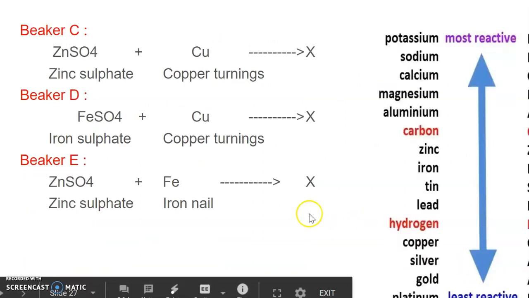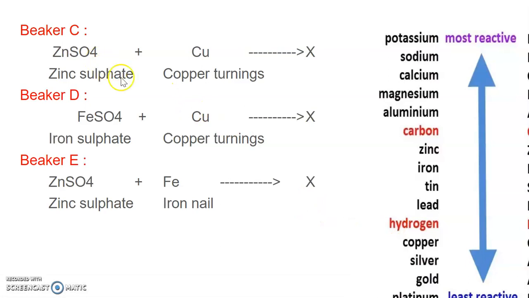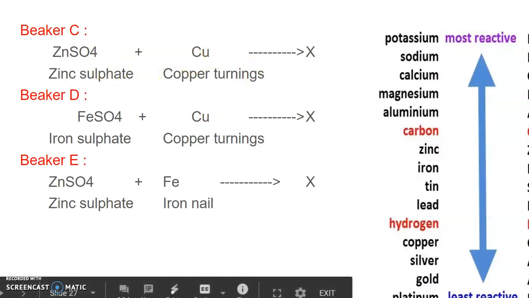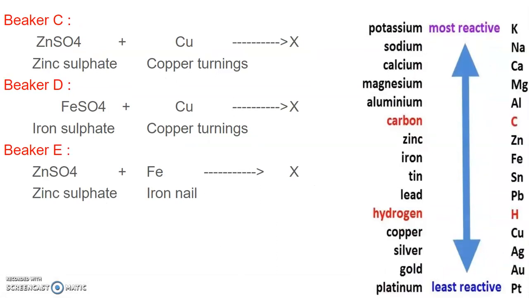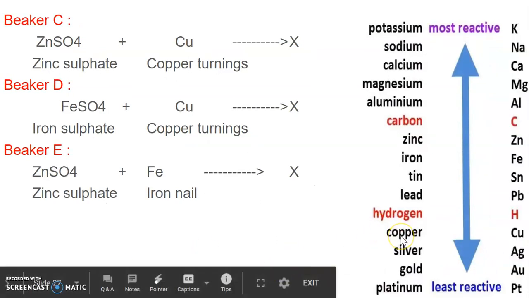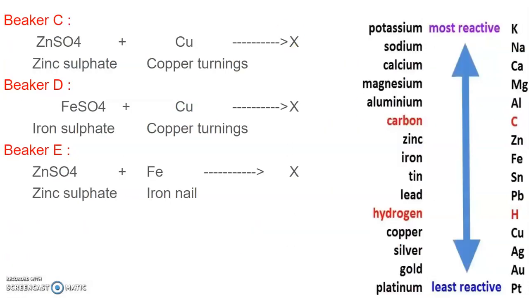In beaker C, we will take zinc sulfate and copper. Whether the reaction will take place? No, because copper is at the bottom and zinc is at the top. So copper can't displace zinc from its compound, therefore no reaction will take place.